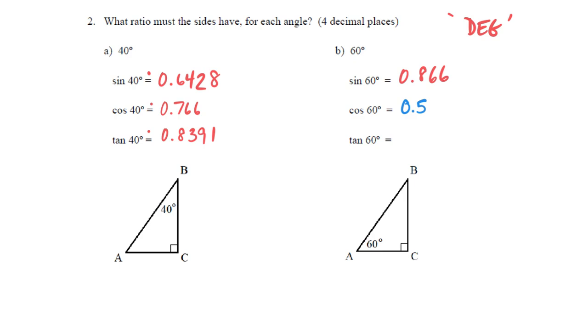But for now, it's just important for us to note you don't always get a big, ugly decimal. Lastly, you calculate the tan of 60, and we're back to getting big, ugly decimals, and there is my 1.7321.